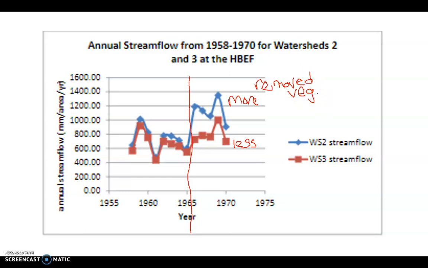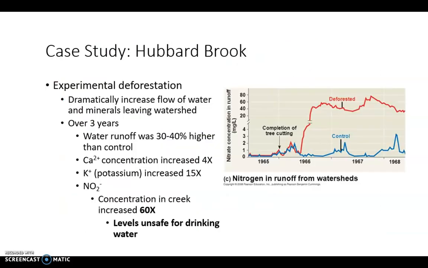So here we start to get an inkling at what effect vegetation really has on the overall stream flow. It's several hundred millimeters per area per year of total annual stream flow. In fact, what we found for our case study, now I flipped colors, sorry about that.